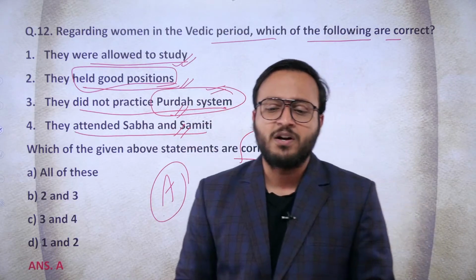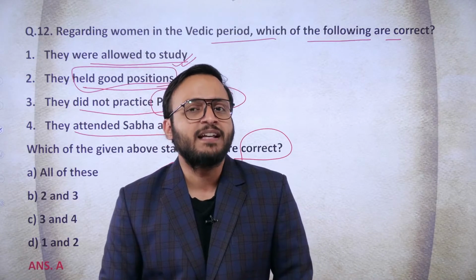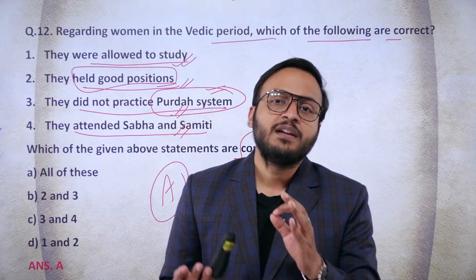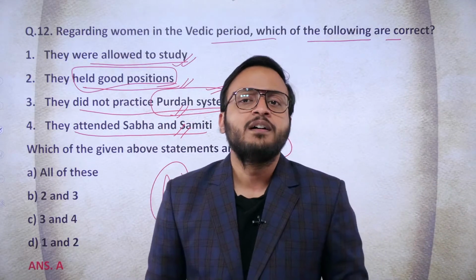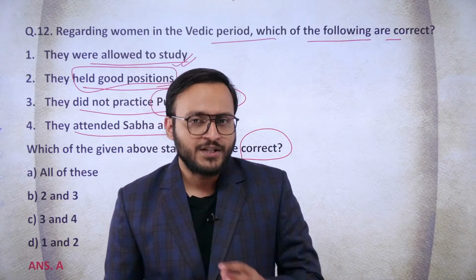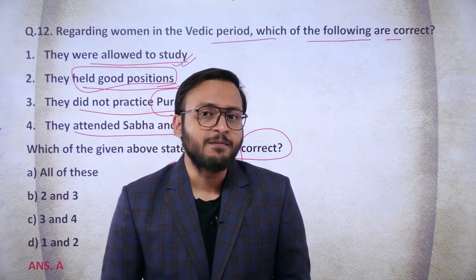That is absolutely correct, because the Parda system is completely absent in the ancient period. It was introduced during the medieval period, particularly after the Turks' invasion. In fact, it was initiated in the Arab region.